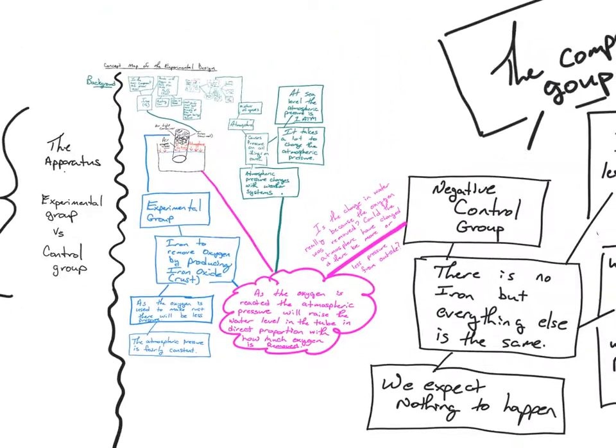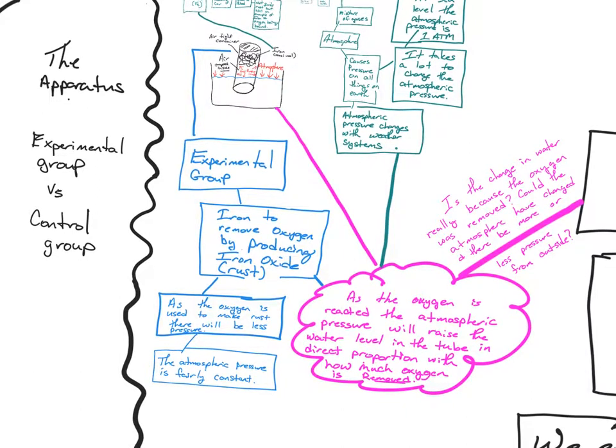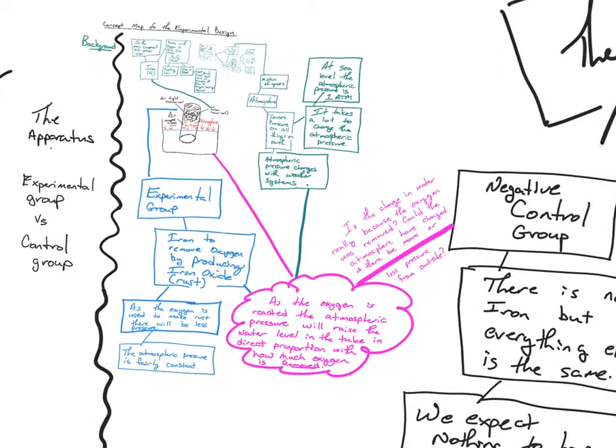All right, let's leave the little cloud thinking, the purple line there, for last in our thought map. If we take a look at the experimental group, we know we have iron. We add iron to remove the oxygen, so the iron in the steel wool is added to remove the oxygen by producing iron oxide, or rust. And as the oxygen is used up to make rust, there will be less pressure because there's less gas. The atmospheric pressure is fairly constant, as we discussed earlier in the background.